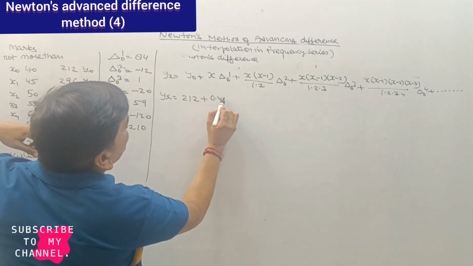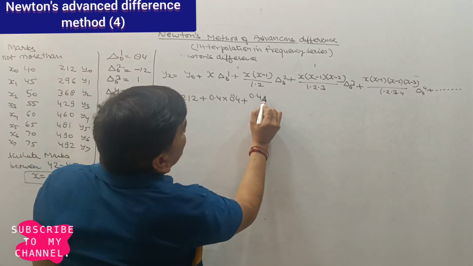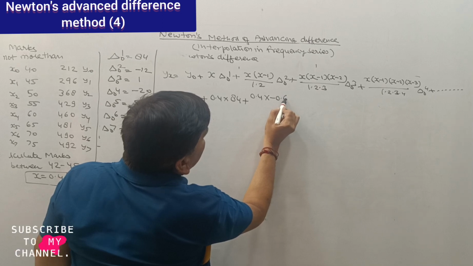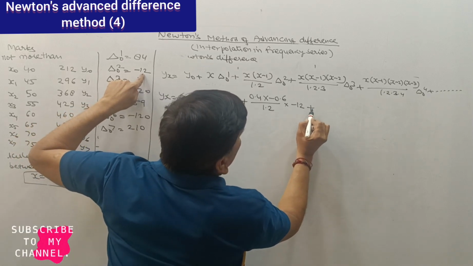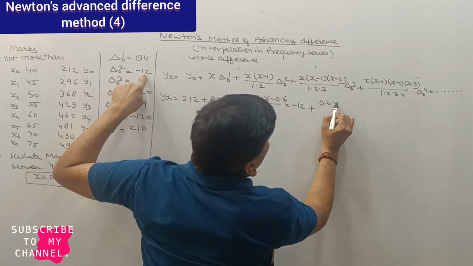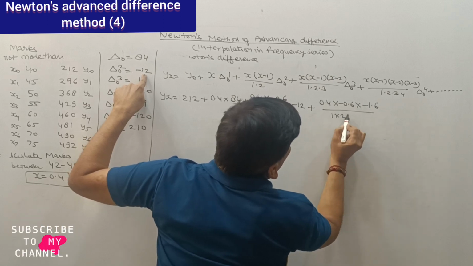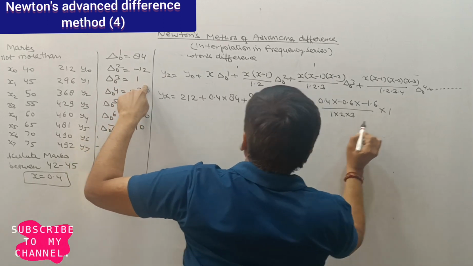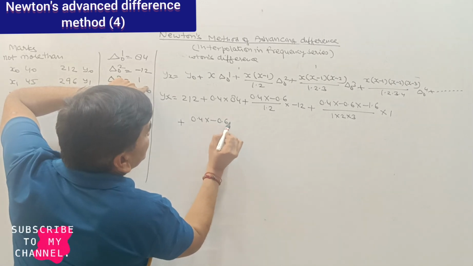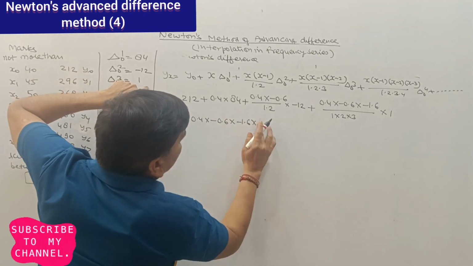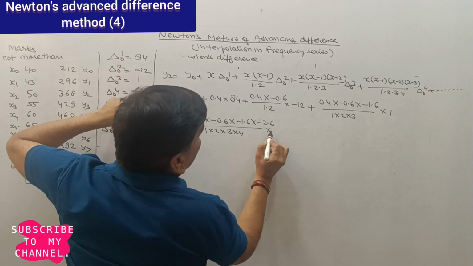So 0.4 multiply delta 01, plus 0.4 times (0.4 minus 1, that is minus 0.6) divided by 1 multiplied 2, delta 02, that is minus 12, plus 0.4 times minus 0.6 times (0.4 minus 2, that is minus 1.6) divided by 1 multiplied 2 multiplied 3, third value is 1, plus 0.4 times minus 0.6 times minus 1.6 times minus 2.6 divided by 1 multiplied 2 multiplied 3 multiplied 4, times minus 20, delta 04.